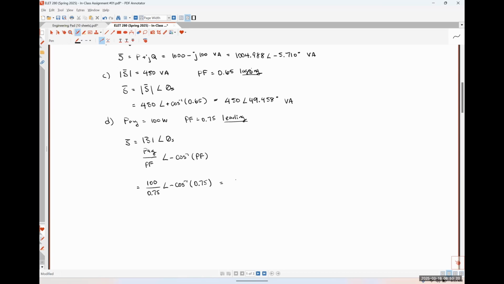And I got 133.333 with an angle of negative 41.4096 degrees volt amperes. See you guys shaking your head. I assume that means you got a similar result.